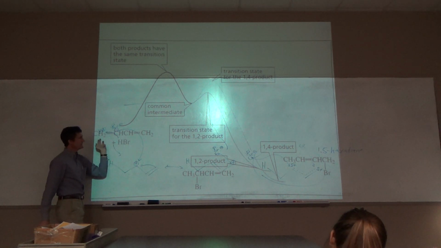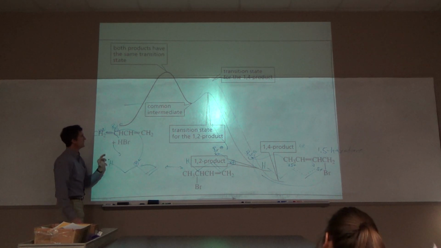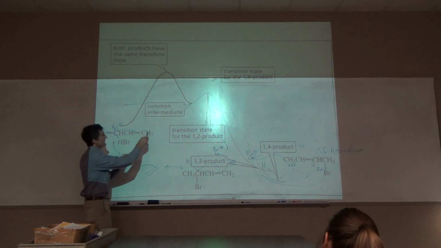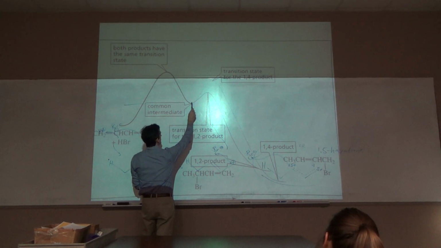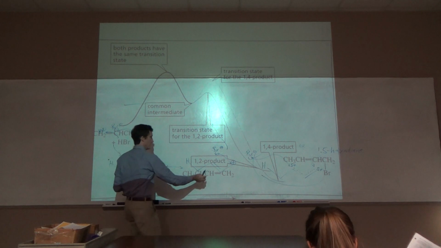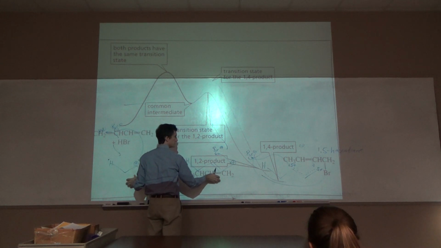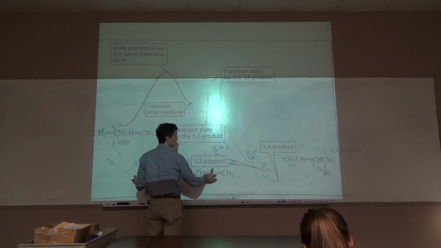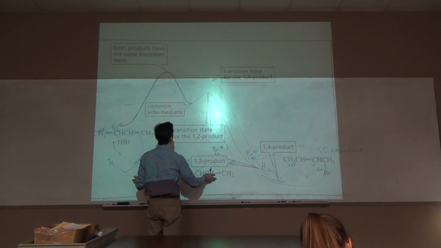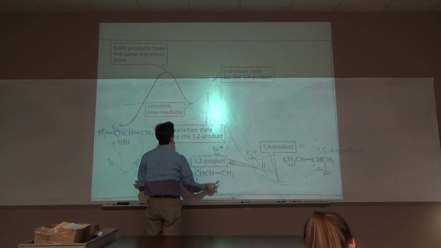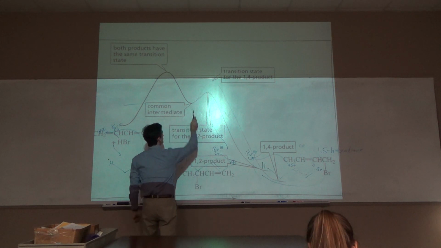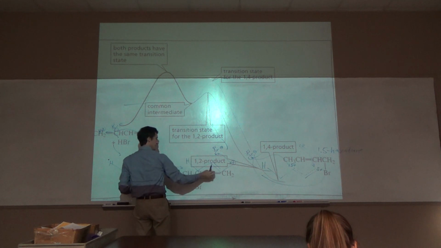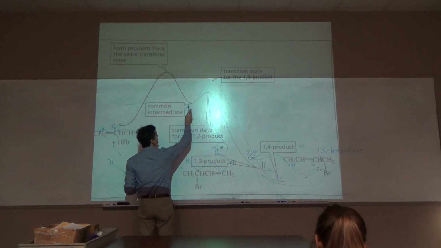It's just drawn in condensed. It reacts to give the carbocation. Okay? Here's the carbocation. You get the same carbocation no matter what the outcome. They call it the common intermediate. Okay? So this is your resonance stabilized allylic cation.